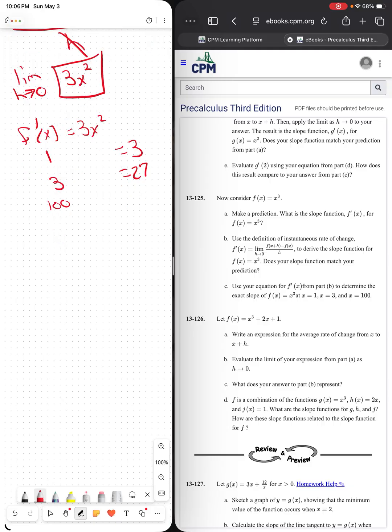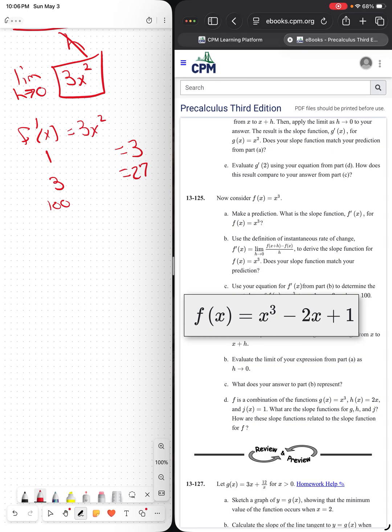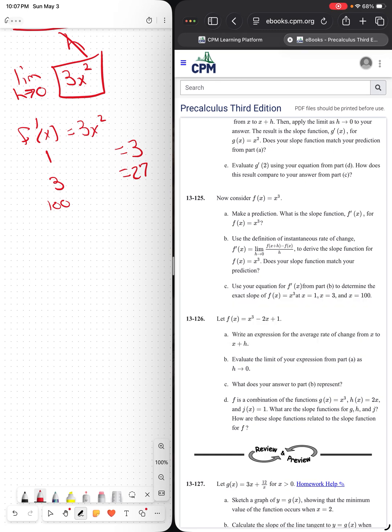You can do this again and evaluate your limit. This one's going to be a little harder. We just did x cubed, but now we've got minus 2x plus 1, and we'll see what happens when there are multiple terms.